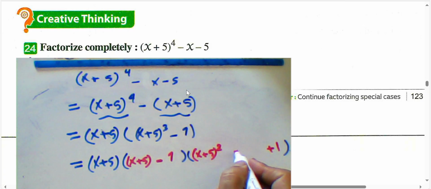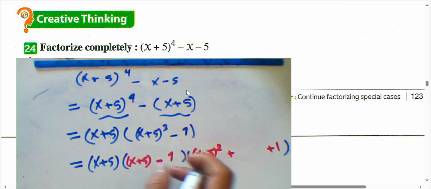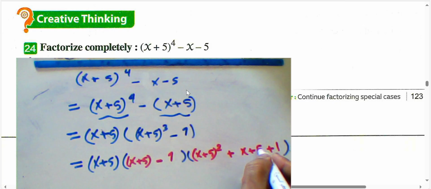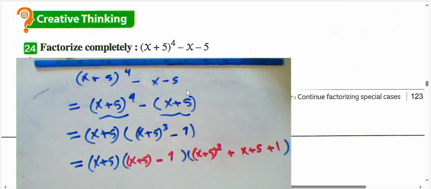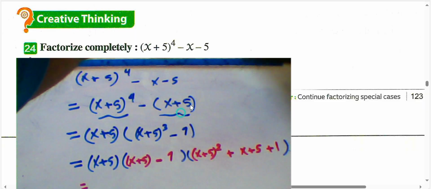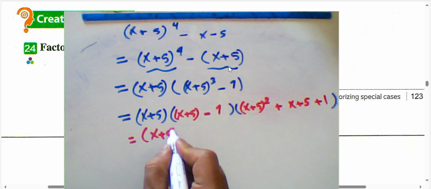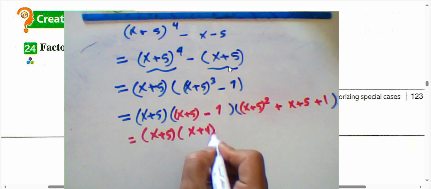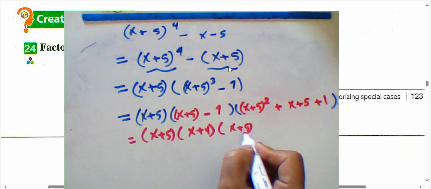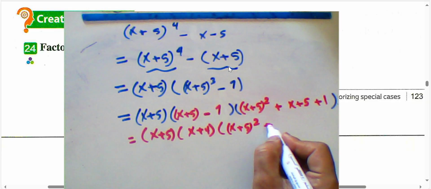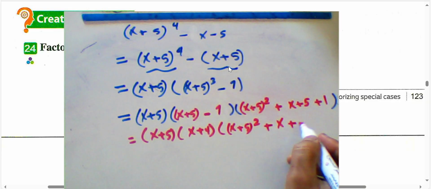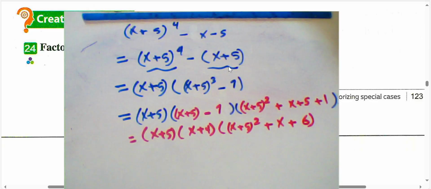And the middle, write positive, first and second, change the sign, positive x plus 5. Okay, you can also simplify this expression. We have 5 minus 1 equals 4. Okay, you can simplify it. X plus 5 product by x plus 4, and here x plus 5 all power 2 plus x plus 6, since 5 plus 1 equals 6. It's the simplest form of this expression.